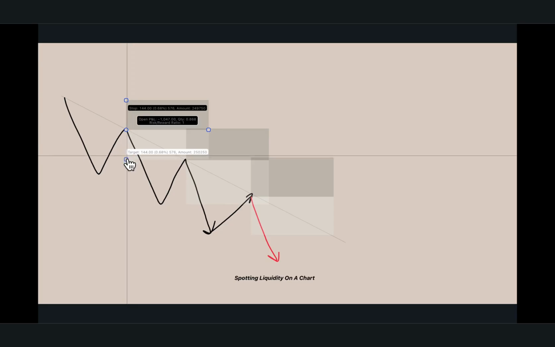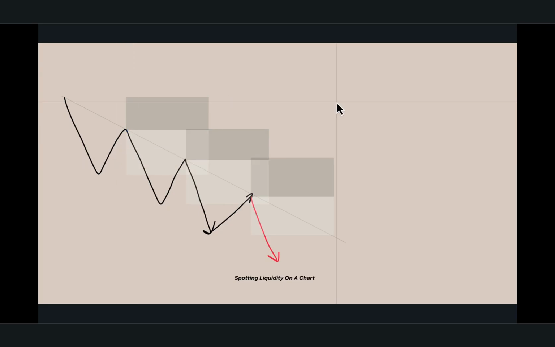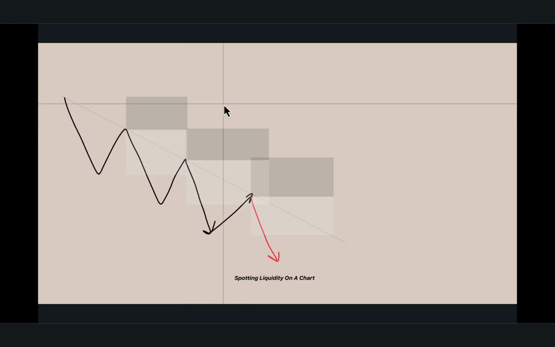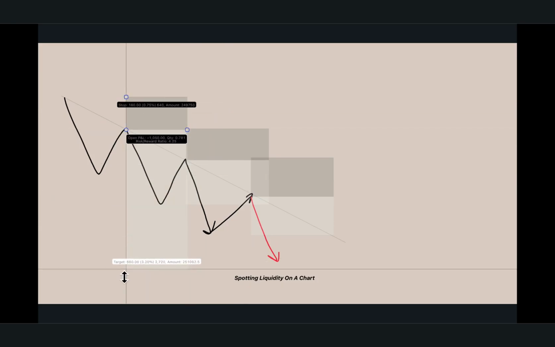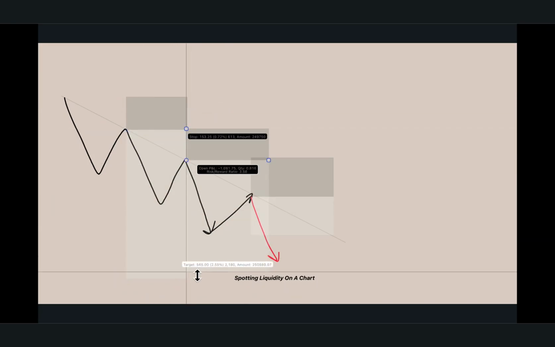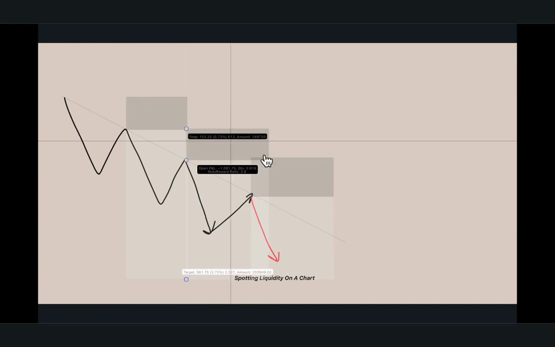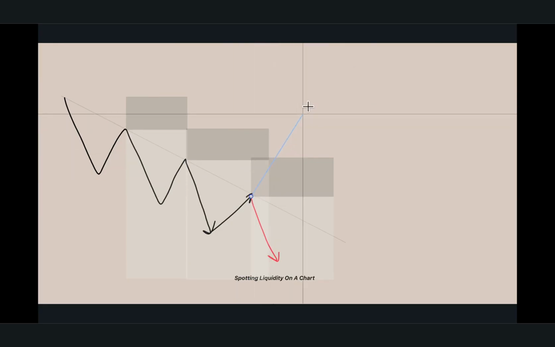If institutions are trying to make a lot of money, they need a lot of liquidity as well. So with that logic, they will target these orders that are likely to be there and run price right through that trend line, ultimately into all of the liquidity.